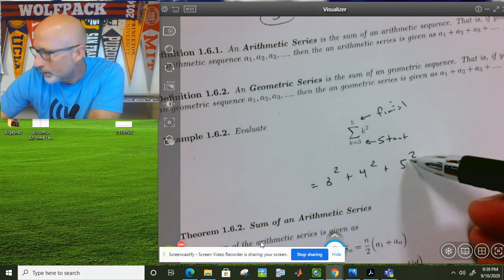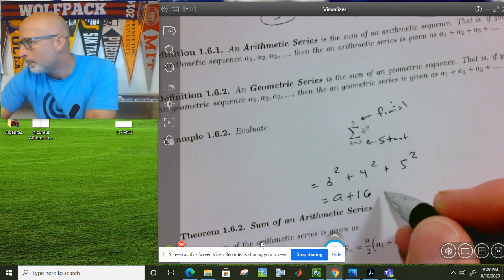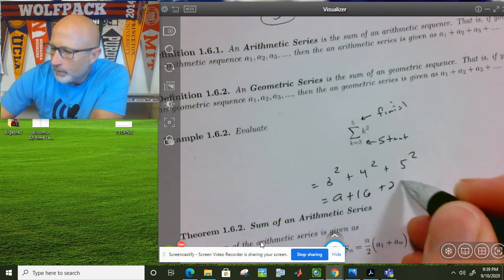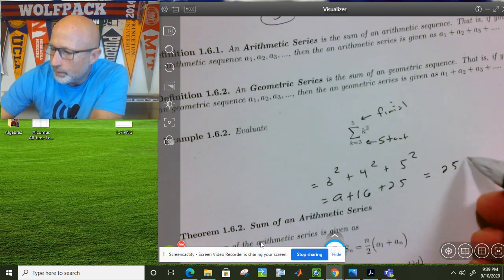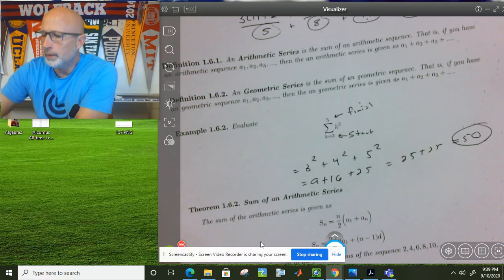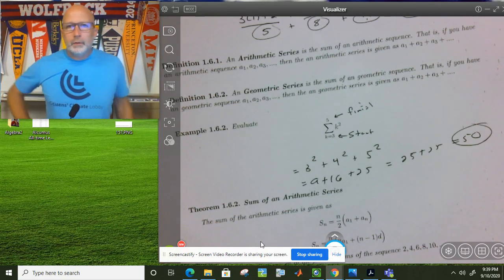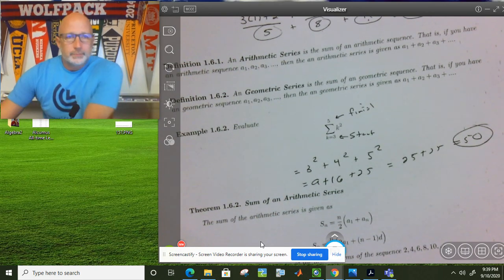So this is 9 plus 16 plus 25, which gives you 25 plus 25, which gives you 50. Oops, sorry, too zoomed in. So that's how you deal with sigma notation.